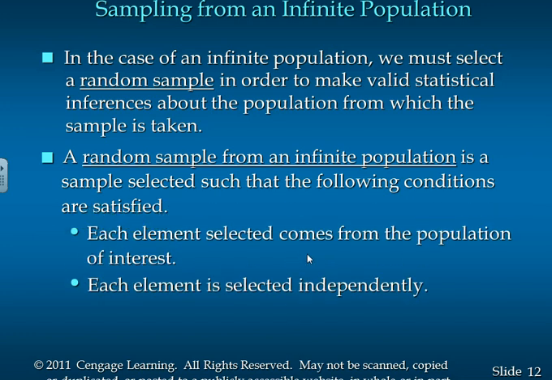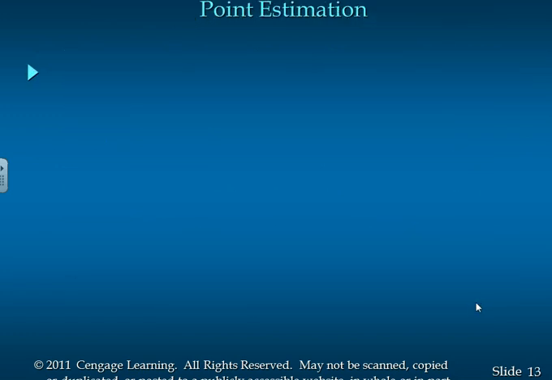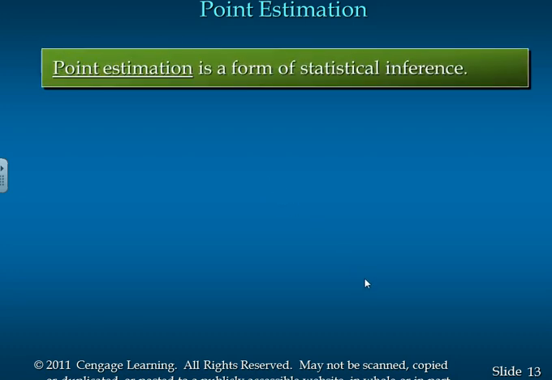We have to come up with what those conditions are, and each element needs to be selected independently. The Gallup people on the other side of the river have huge computer systems doing that, all networked together, and they can do 1,000 calls a second.